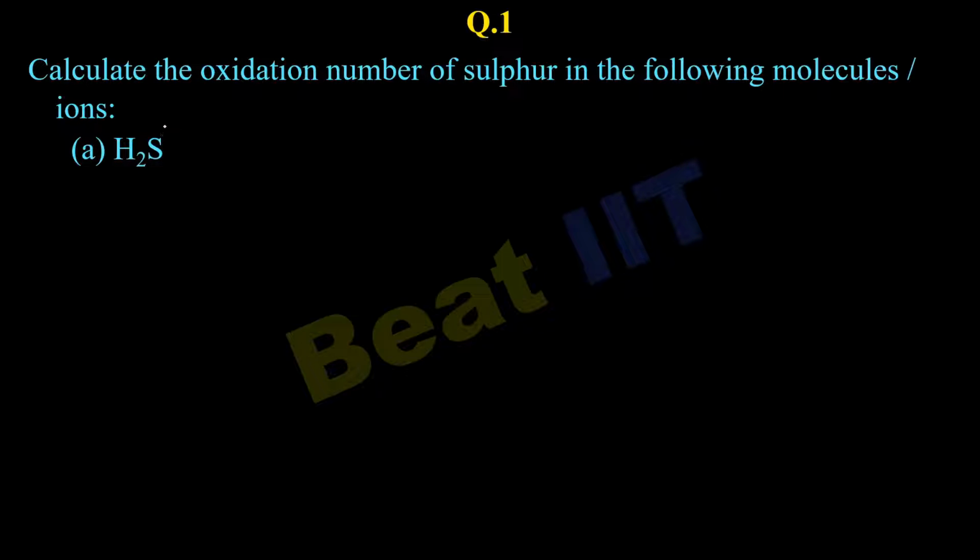Hydrogen has oxidation number +1 in all of its compounds except the hydrides of group 1 and group 2 elements.